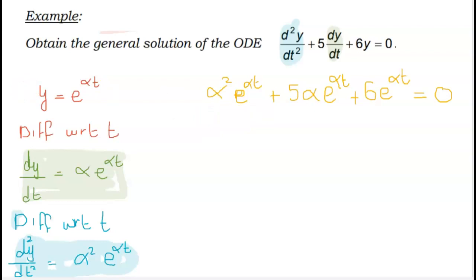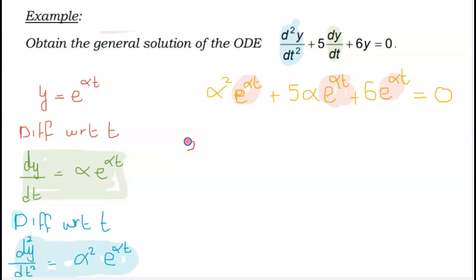Now this whole thing is equal to 0. If you have a look at the equation, there are a few things that are common. For example, there is an e to the alpha t here, an e to the alpha t here, and an e to the alpha t here. So I can take this as common.